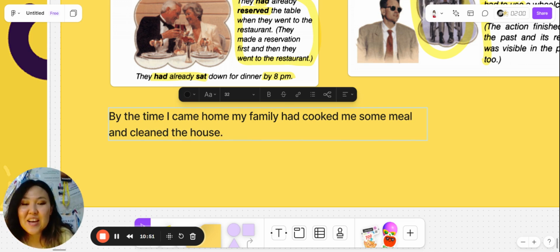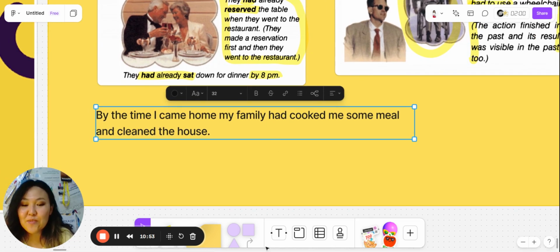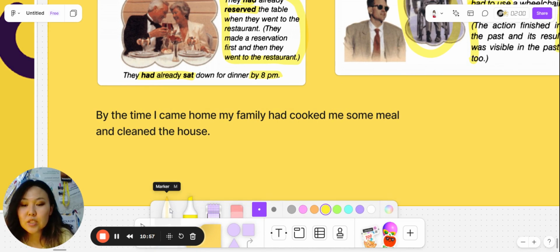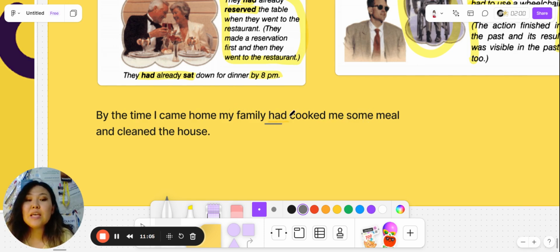And here you see that I'm using past perfect. I'm using had in the first one, and then I'm not using it one more time. I can actually say my family had cooked me some meal and had cleaned the house. But if we have one auxiliary verb, it's okay to use just the verb in the third form.